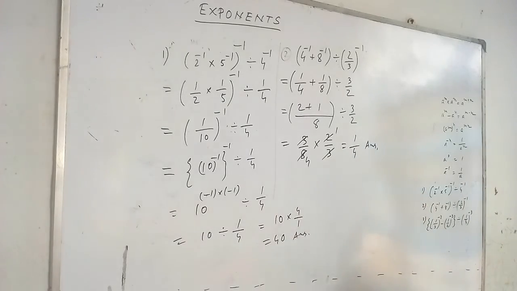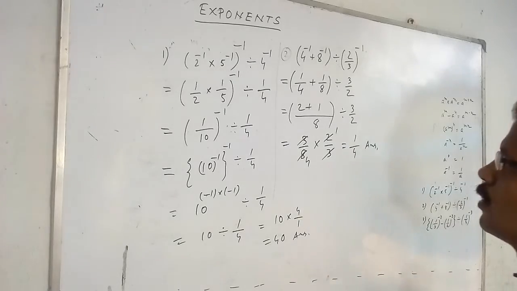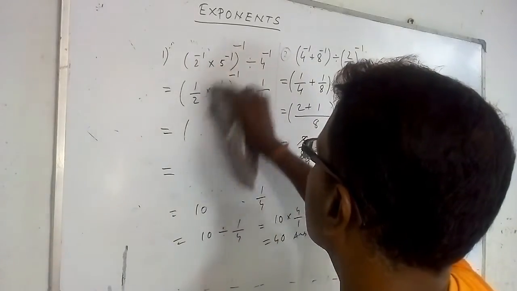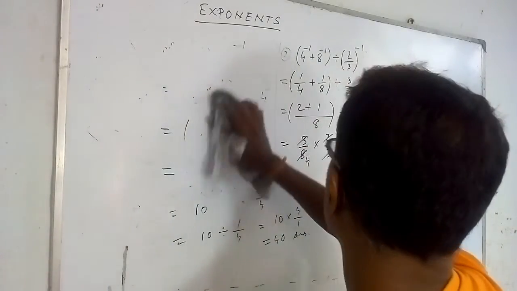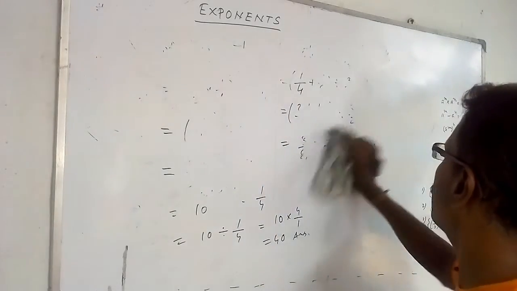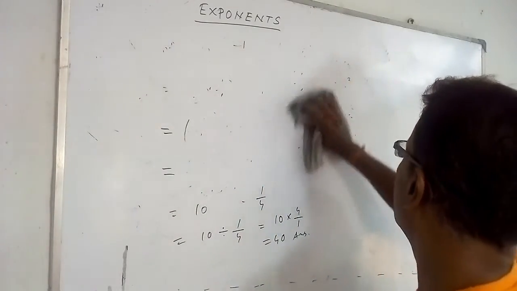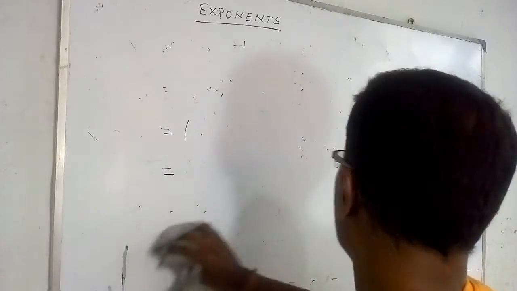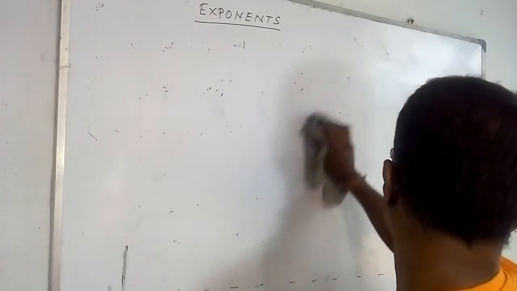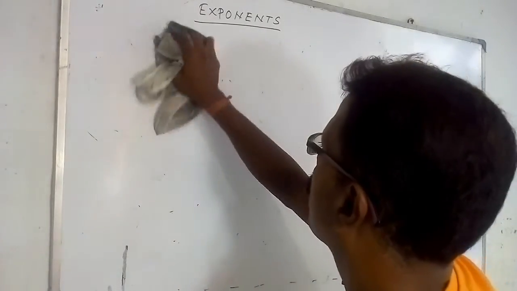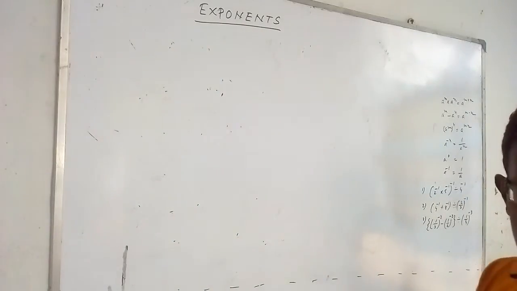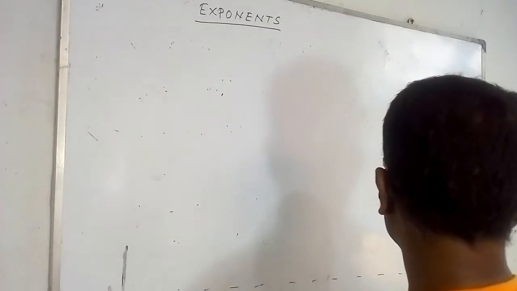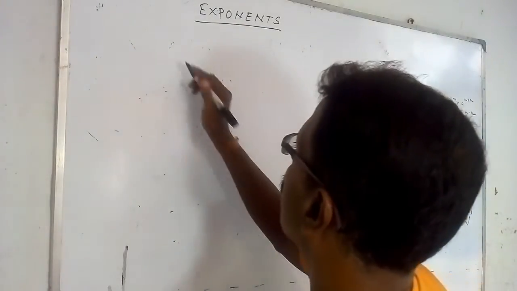Now next come to the third sum. Our third sum is, viewers, 1 by 3 whole to the power minus 3, minus 1 by 2 whole to the power minus 3, second bracket closed, divided by 1 by 4 whole to the power minus 3.